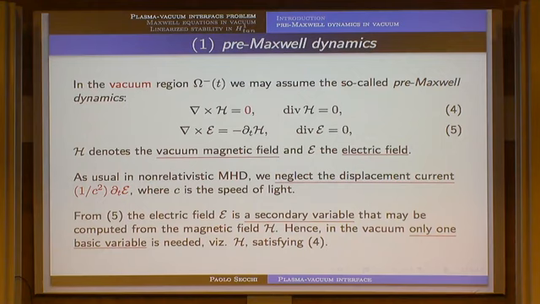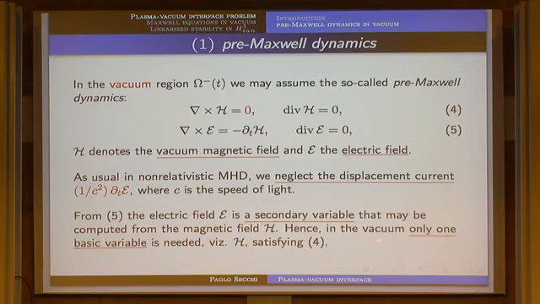But now we see that it is enough to consider the first two equations, so for H, and given H, we can compute E, the electric field from 5. So the electric field here appears as a secondary variable that can be computed after, when you have computed H. So actually, in vacuum, only H, I forgot to say, this calligraphic H will denote the magnetic field in the vacuum region, to distinguish from the other H in the plasma part.